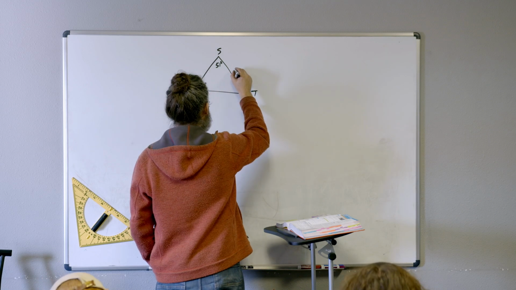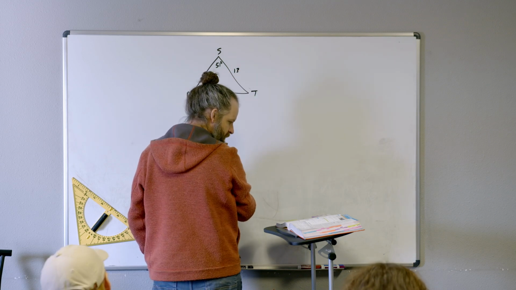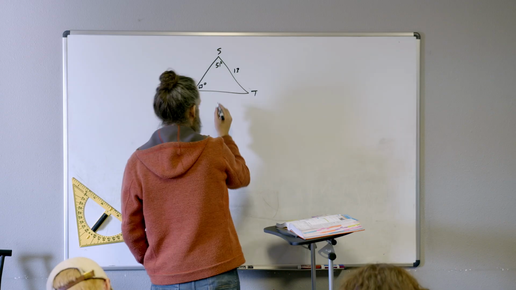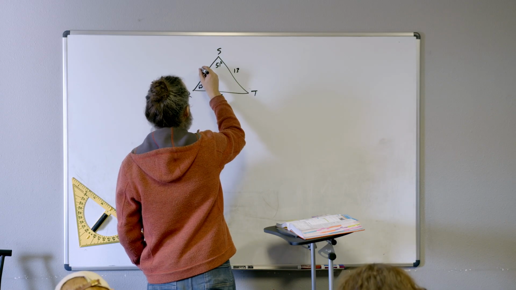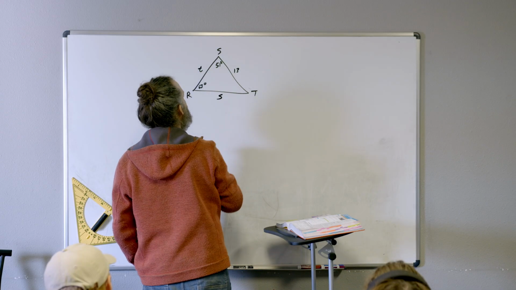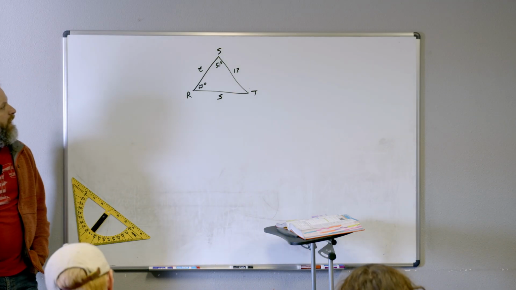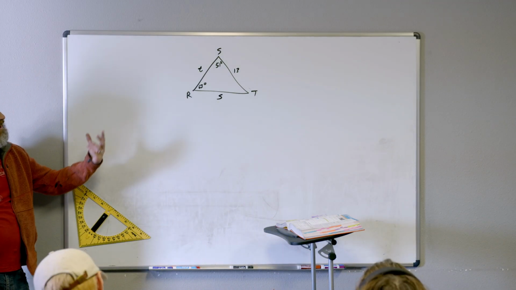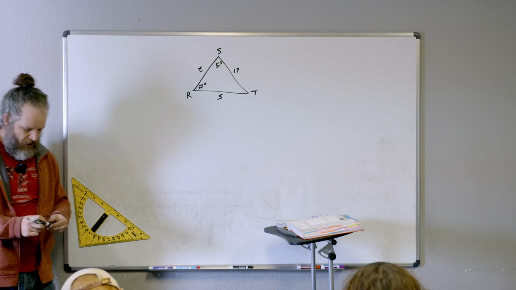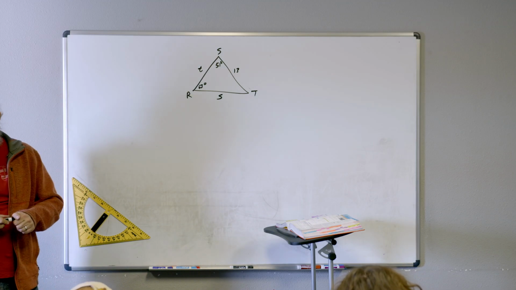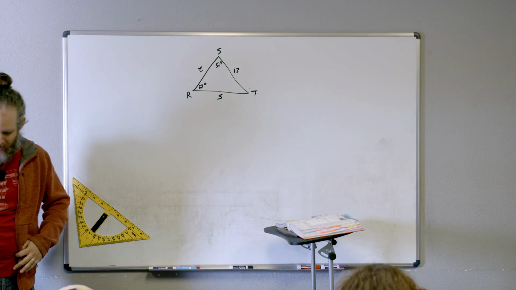Segment ST is 13. And segment S is segment S, and segment T is segment T. So we need to find angle T. We need to find segments T and S, right? So, give it a half a second for y'all to catch up writing.